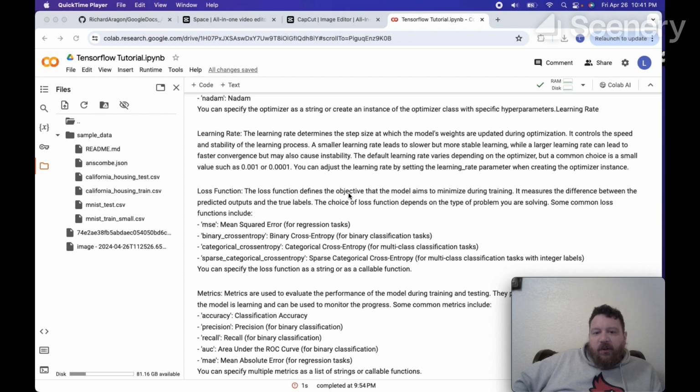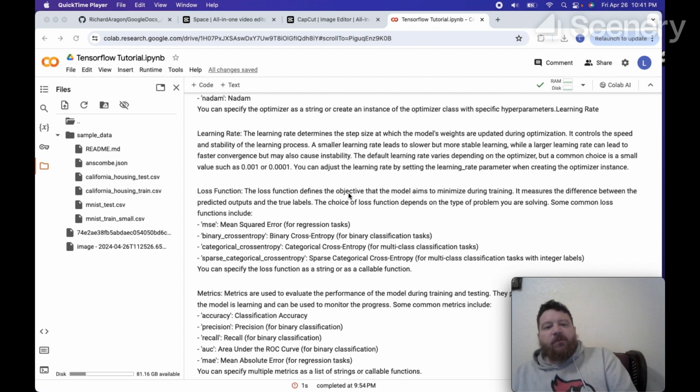If you want a regression task, then you usually go with mean squared error. If you're looking for classification, then you usually use binary cross entropy, and then you have categorical cross entropy, etc. Generally speaking, you're going to use one of a few loss functions, and the loss function is very specifically dictated by what you're doing. So there's not a lot of play with the loss function overall, but it's something that has to be set.